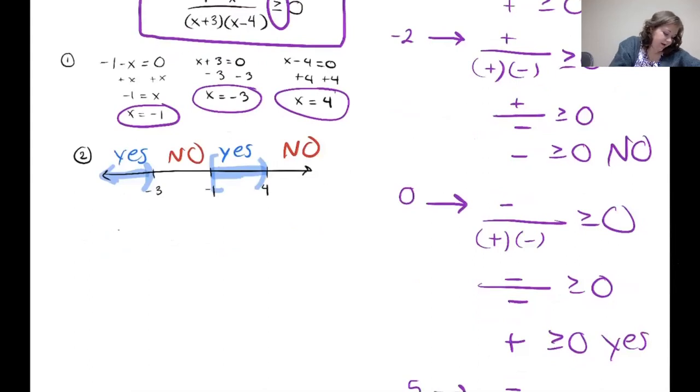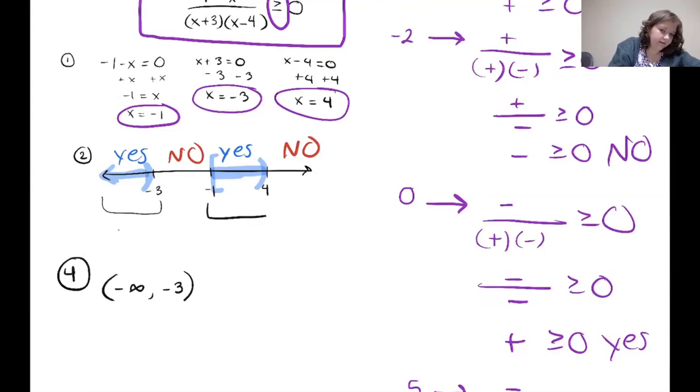So now we can do step 4. This first interval goes from -infinity to -3. Negative infinity always gets a parenthesis because it's not a real number, and -3 gets a parenthesis because it has a parenthesis in this number line.